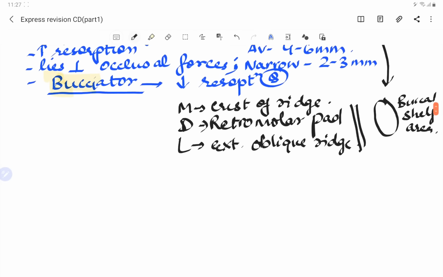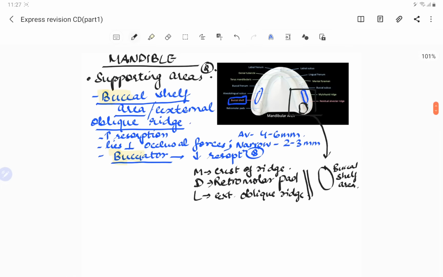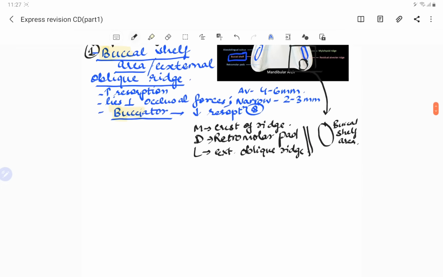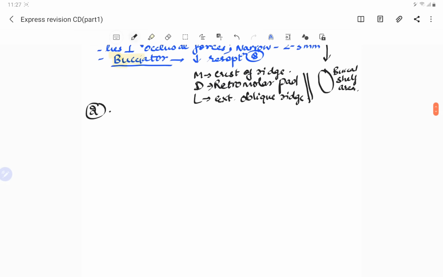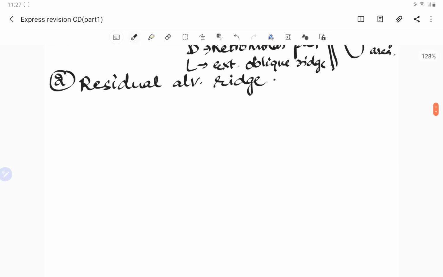Okay. This is the first supporting area. The second supporting area we have is the residual alveolar ridge. The crest of the ridge in the mandible is a relief area.